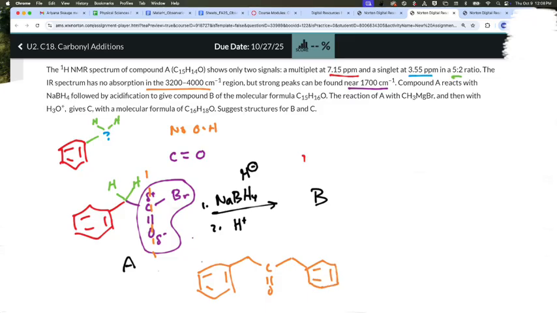If I duplicate, I'm mirrored across this, and so I don't have any new hydrogens. They're duplicated on the other side, which means if I now go through and look at it, it's technically 10 to 4, but a 10 to 4 ratio is 5 to 2, and that's exactly what my spectra told me.